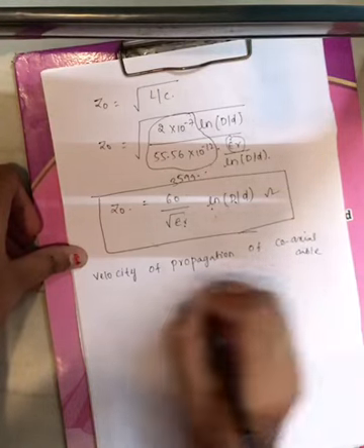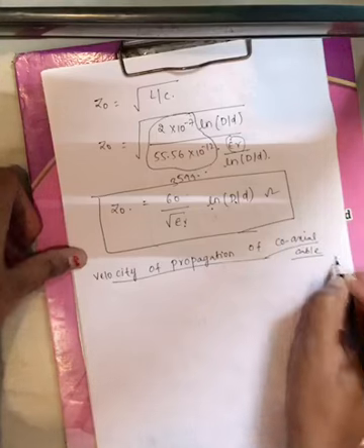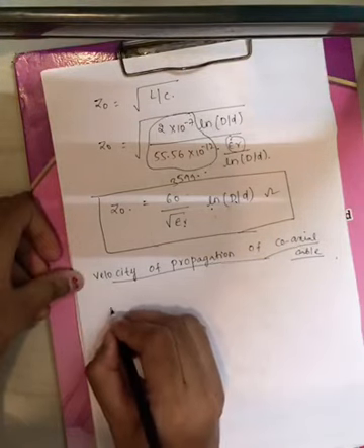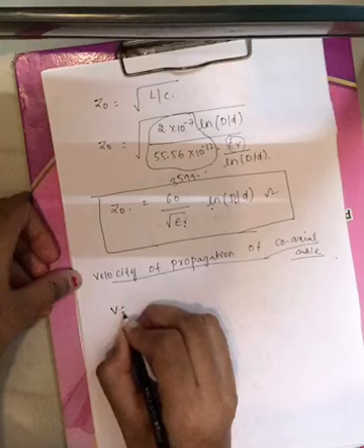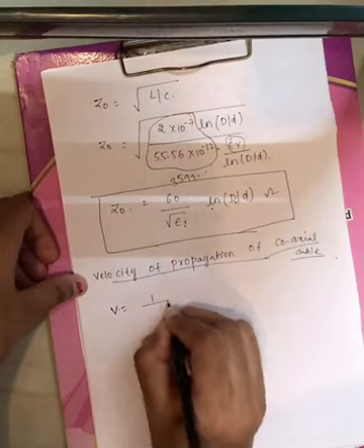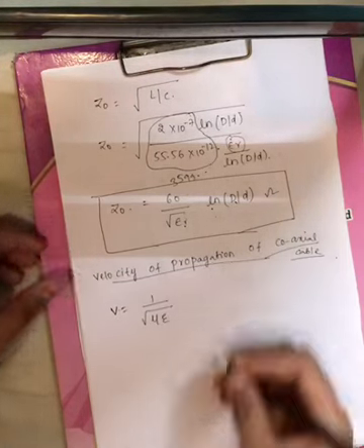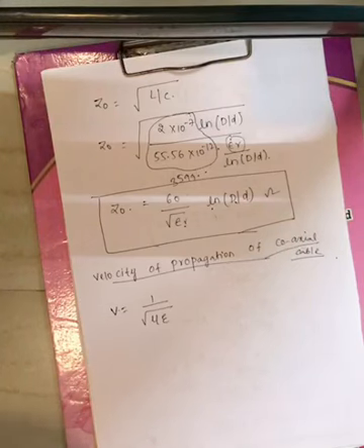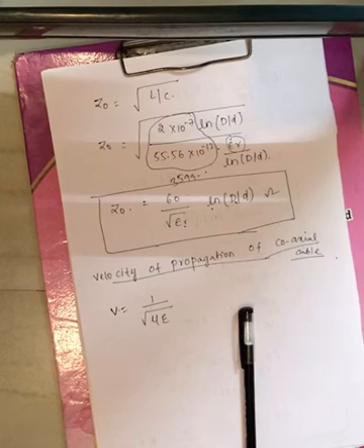V is given by 1 by root of mu epsilon. The velocity of light, that is c, is given by 1 by root of mu epsilon. Now mu is nothing but mu naught into mu r, and similarly epsilon is nothing but epsilon naught into epsilon r.